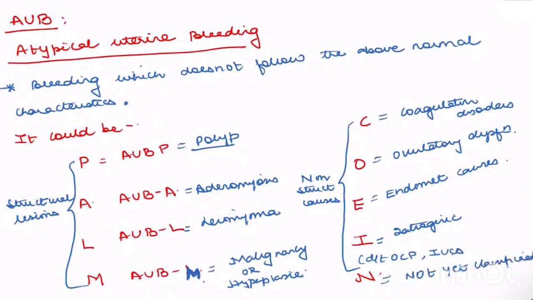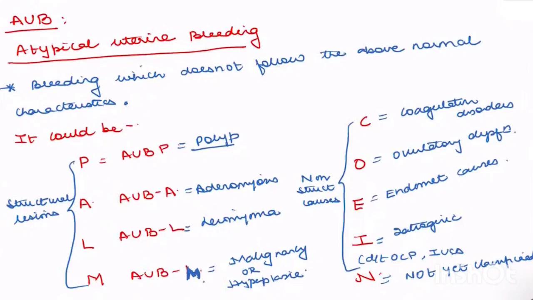So these are the major causes of AUB, PALM-COEN: polyp, adenomyosis, leiomyoma, malignancy or hyperplasias, coagulation disorder. All names have been changed. अब कोई भी term नहीं use करते, menorrhagia, metrorrhagia, कुछ नहीं use करते, right?